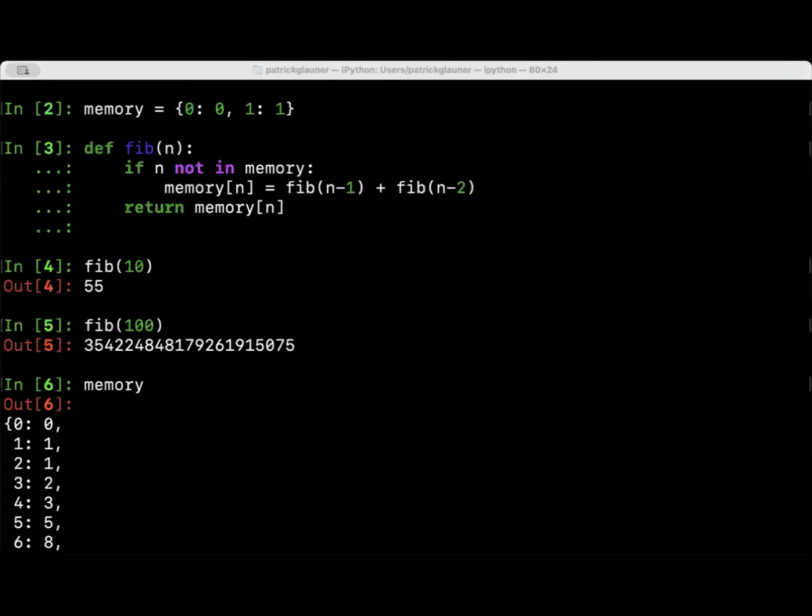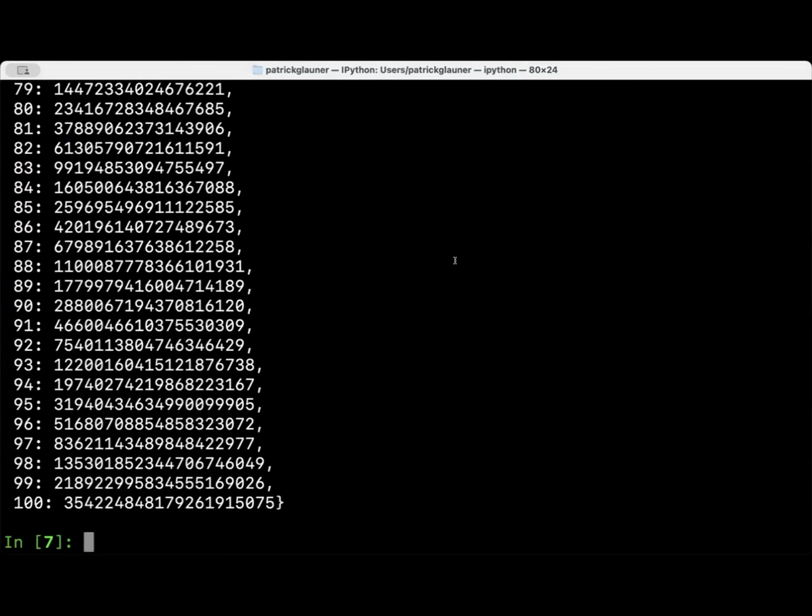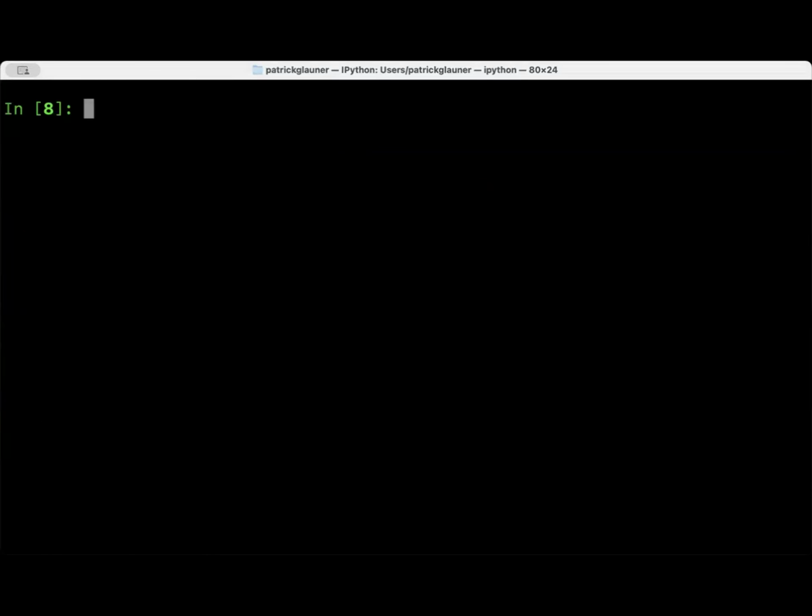And I'll show you how we can implement something like this. It will be a little bit more code, but in fact, it will run fairly easy too. So we can call this fib_bottom_up, for example, of n. And we can say, well, if n is 0, I return 0.